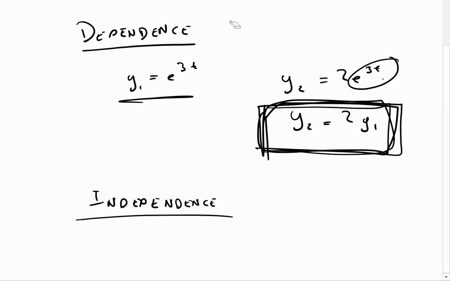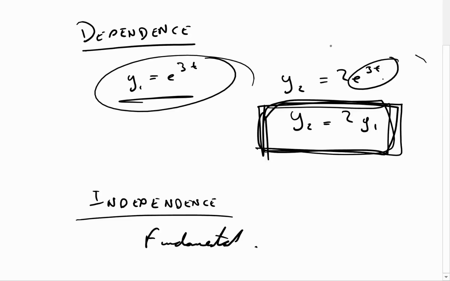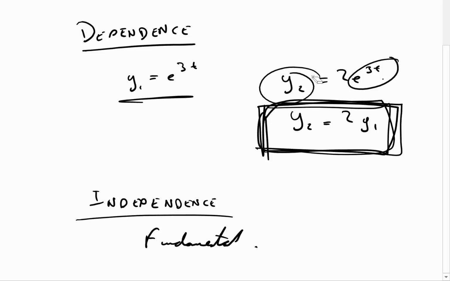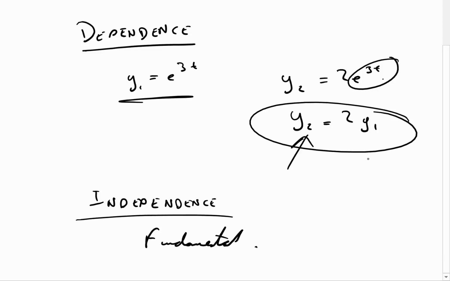Another word for independence is fundamental, because if it's fundamental, it means we can't break it down any further. If something is fundamental, it cannot be broken down into smaller parts. Fairly obviously, the solutions I've written down here are not fundamental, because y2 can be broken down into elements of y1.